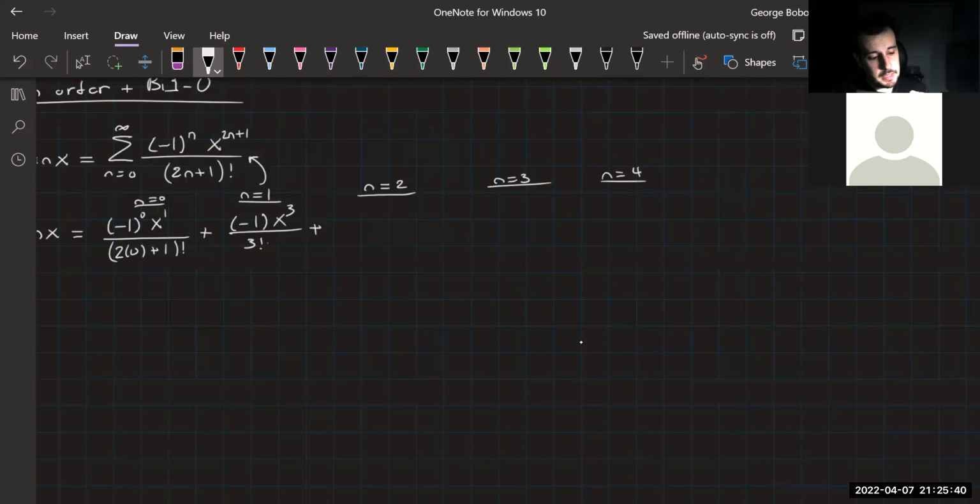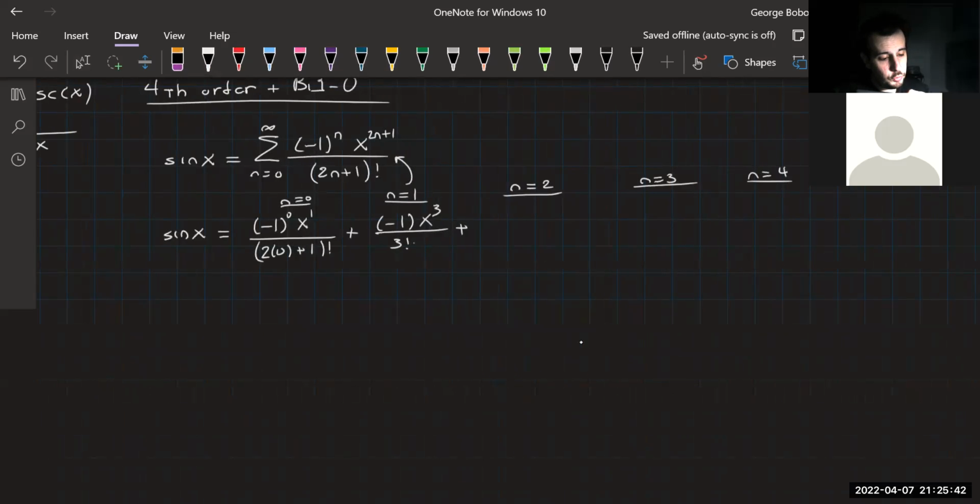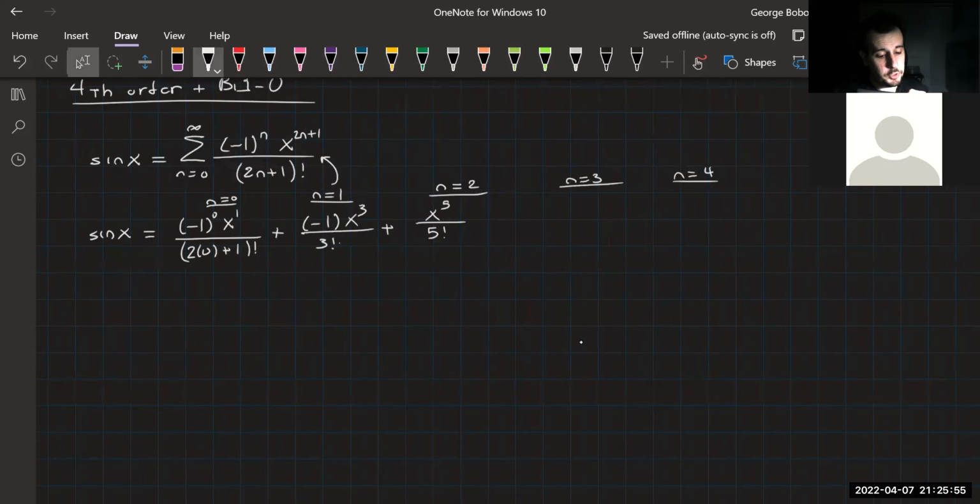For n equals 2, -1 squared is just 1. The x here has a power now of 5, and the factorial on the bottom is 5 factorial. For 3, you get -1, x to the 7th power, and then 7 factorial on the bottom. And for 4, we have +1, x to the 9th power over 9 factorial.